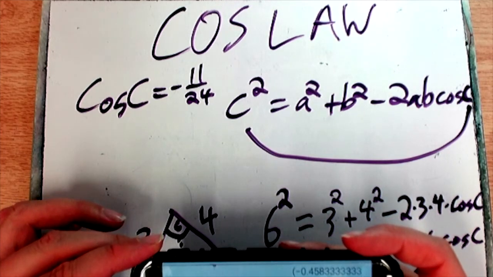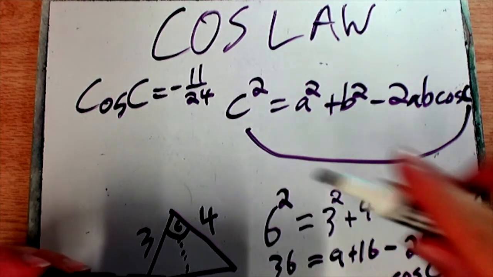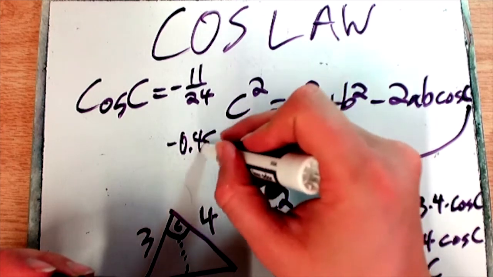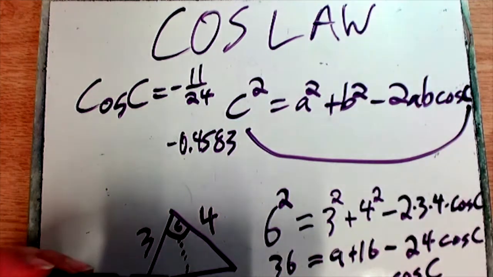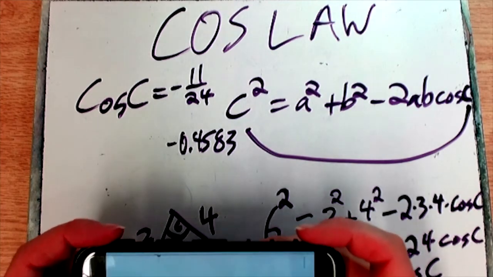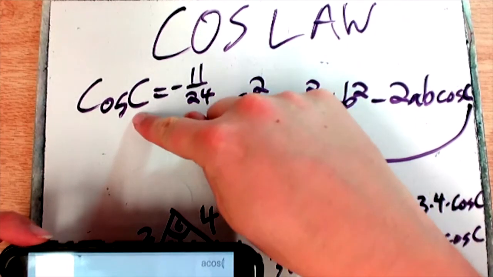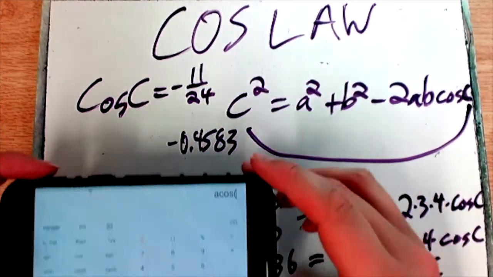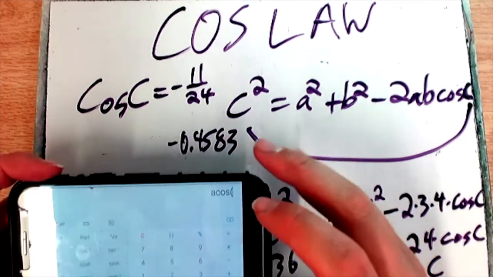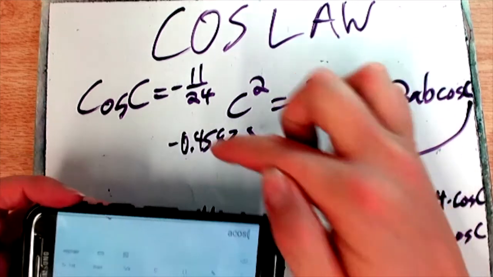And actually I'm going to write that number down just because of the order of things here. So this is negative 0.4583. And I'm going to do inverse cos. So that's the second cos. And why? Because I'm trying to find what this angle is. And in order to find an angle, I got to do inverse cos. So inverse cos, or acos, of this number.